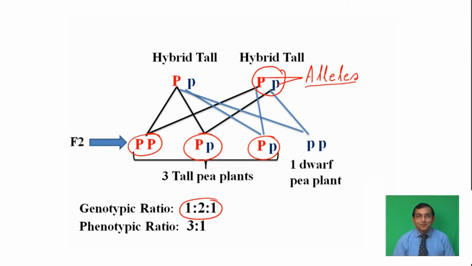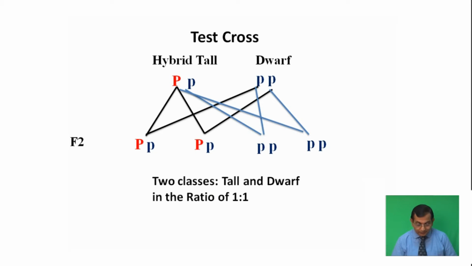Now, to test the law of segregation, there is a test cross. In the test cross, this hybrid tall plant was crossed with the double recessive dwarf pea plant.